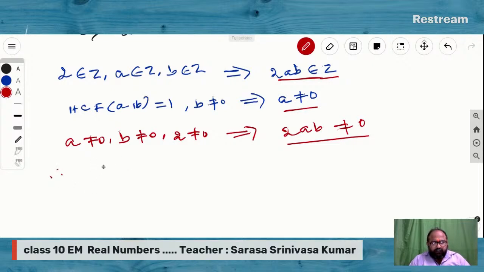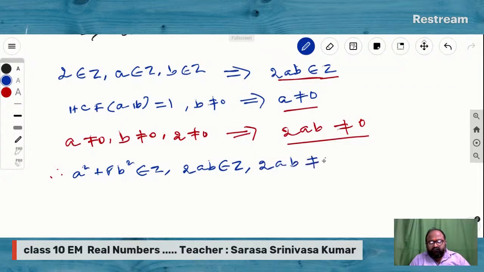Therefore, the right hand side term, a square plus pb square is an integer, 2ab is an integer and 2ab is not equal to 0.